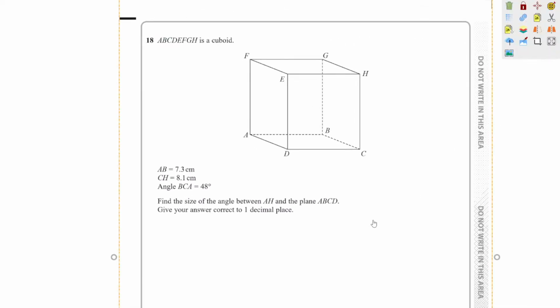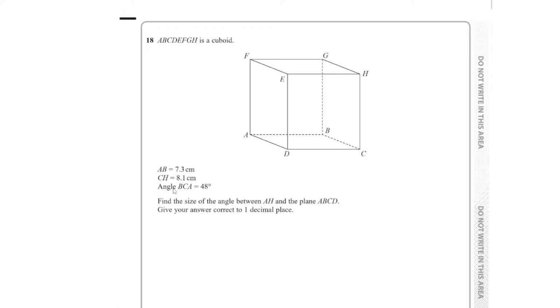Here, for example. So you've got a cuboid. They haven't labeled it, so let's label it. A to B, where's that at the back? Well, I'm just going to label the front because that's easier to label. That's the same, isn't it? 7.3. C to H, the height 8.1. And then they've said angle BCA, where's that, BC to A? So I would draw that line. Whatever they suggest, draw that.